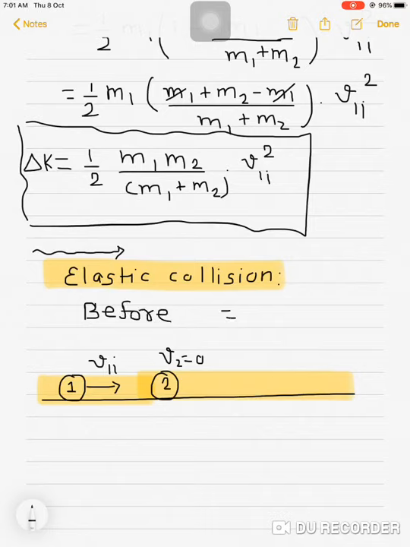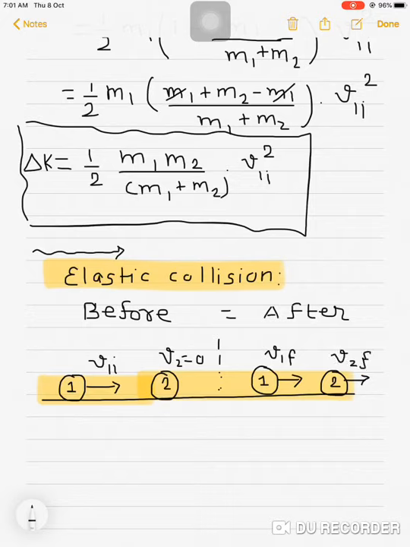After collision, ball 1 becomes v1f, and at the same time object 2 will also have some velocity, that will be v2f.